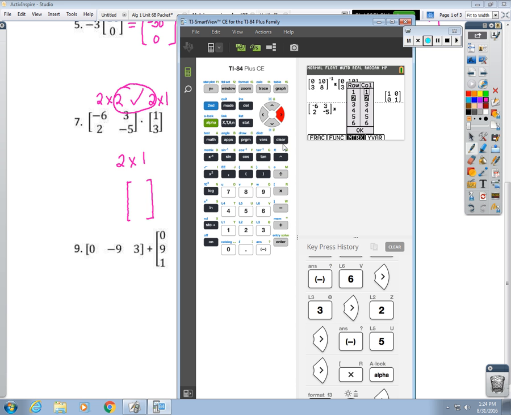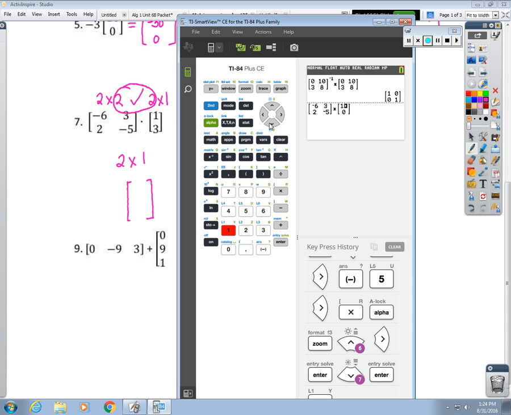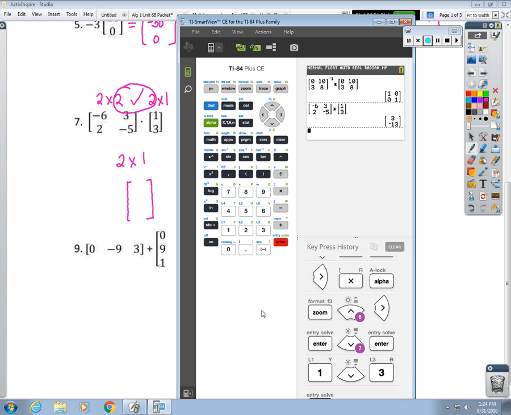And you'll know, when you're doing a problem, if you've entered the dimensions wrong, because it won't look like the matrix on your paper. Had this popped up sideways, I would have known I entered it wrong. But it pops up and looks just like this. So I enter 1 on top, 3 on bottom, and then I can hit equals, and my answer is 3, negative 13.